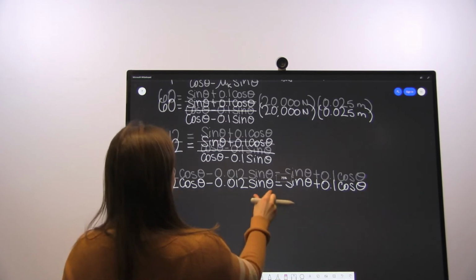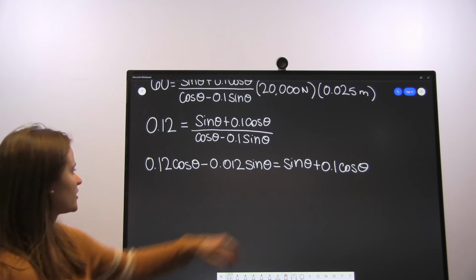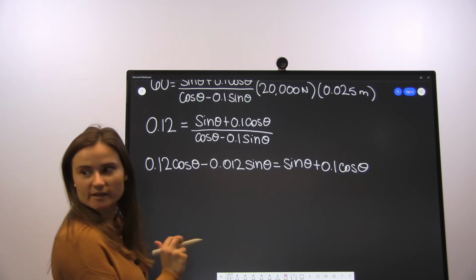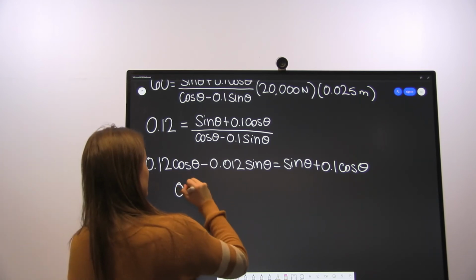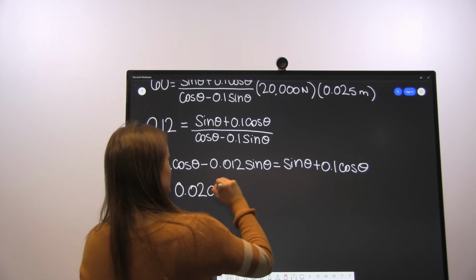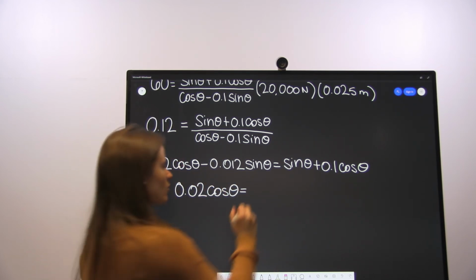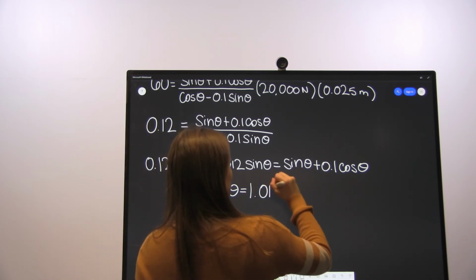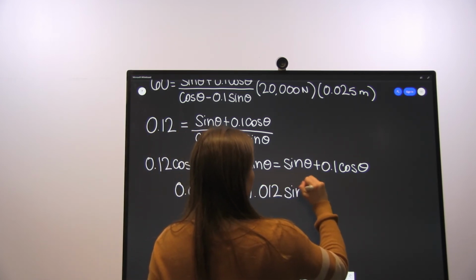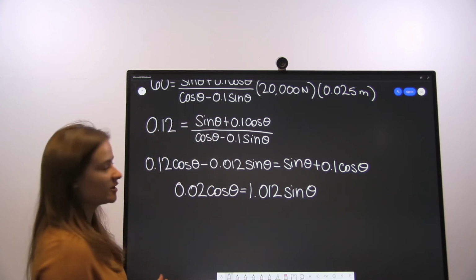And then we can combine our like terms, which would be the sines and the cosines. So when we do that, we get 0.02 cosine theta is equal to 1.012 sine theta.